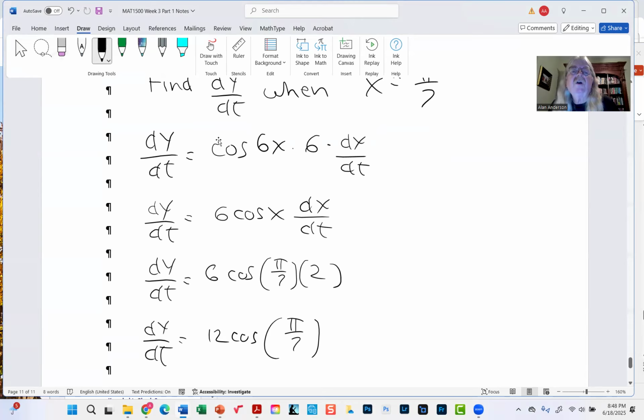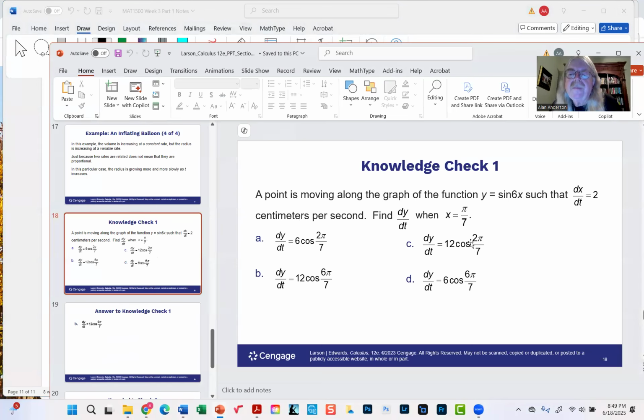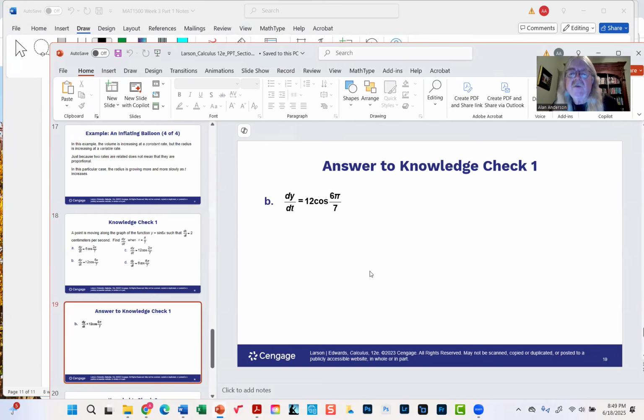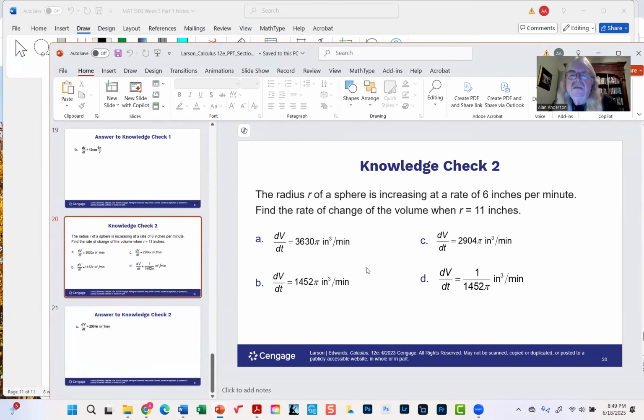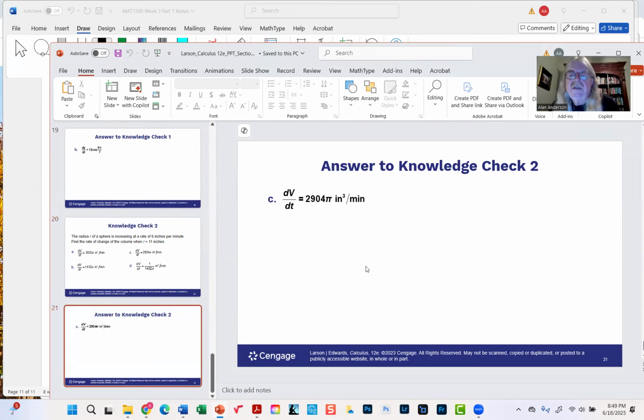Sorry, I lost one of the sixes right here. This should have been 6x. No wonder. After all that, I just copied it wrong. So yeah, now we're good. Okay, 12 cosine 6 pi over 7, and that makes it b. Okay, great.